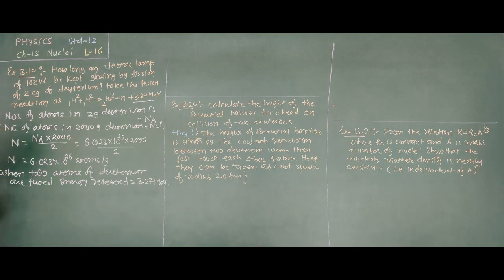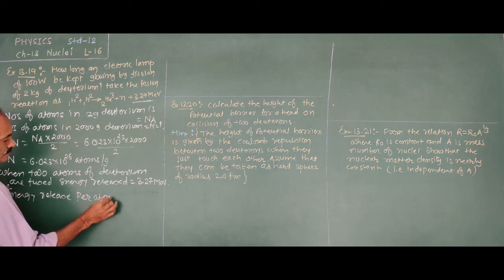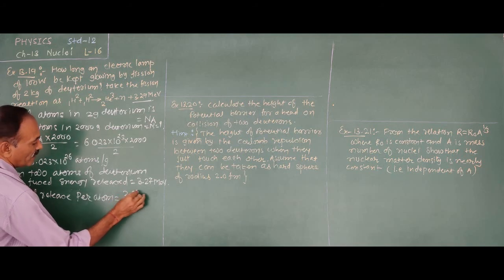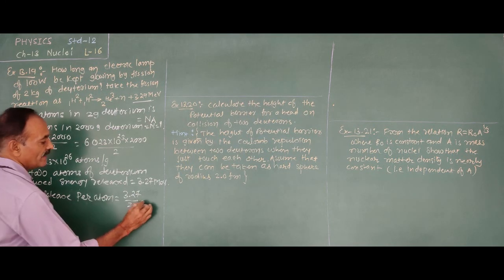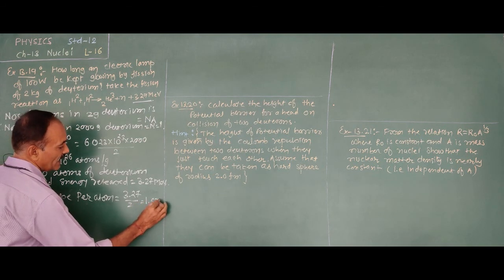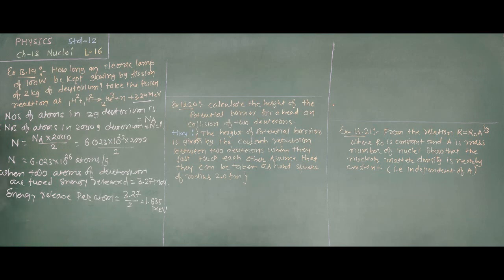Therefore, energy released per deuterium atom is equal to 3.27 by 2. That means 1.635 MeV due to a single deuterium atom.